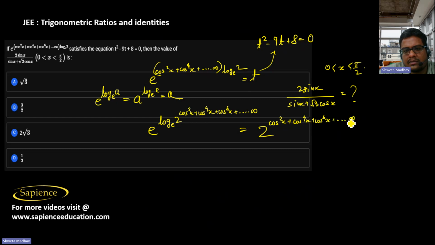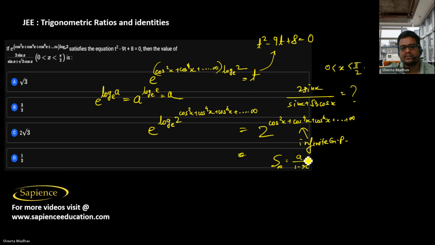till infinity). So it is an infinite GP. Therefore the sum of an infinite GP, we know, is a dash by 1 minus r, where a dash is the first term and r is the common ratio.